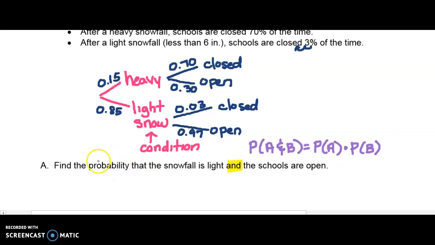So find the probability that snowfall is light and schools are open. So the probability snow is going to be light is going to be 0.85. So probability of light snow and being open. So probability of having light snow is going to be 85%, so 0.85.